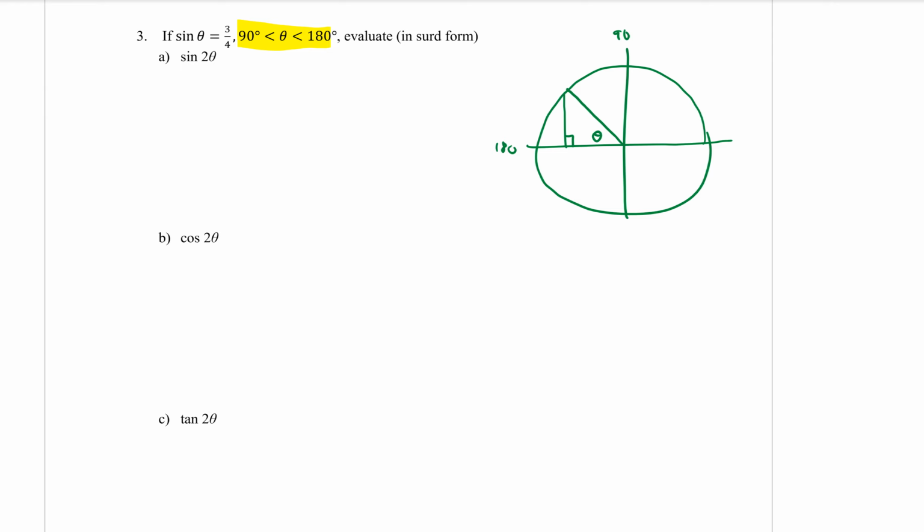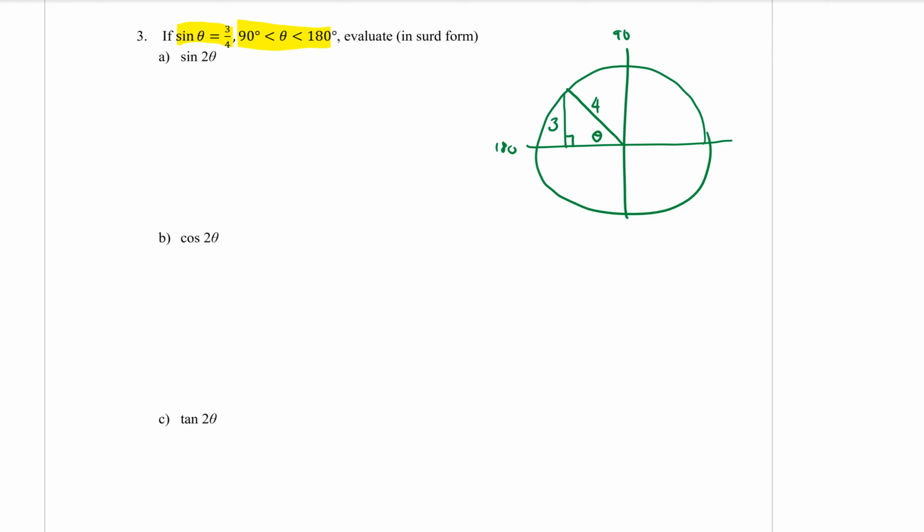Now it says that sine theta equals 3 over 4. Now remember, sine is opposite over hypotenuse. So that means that I can put the 3 on the opposite side and the 4 on the hypotenuse side, 3 over 4. Now because I have a right angle triangle there, I can use Pythagoras' theorem to find this missing side.